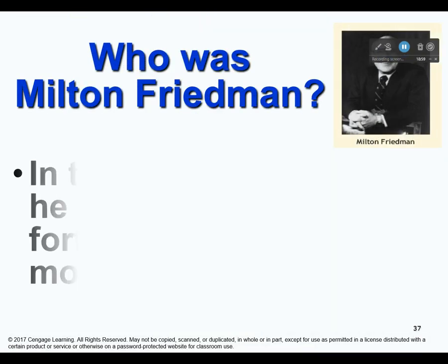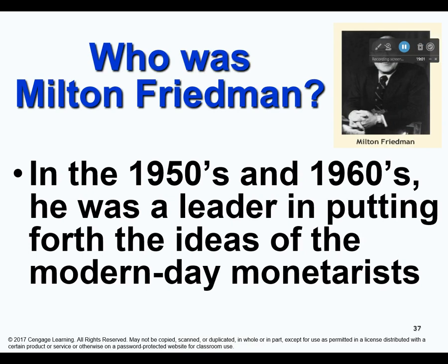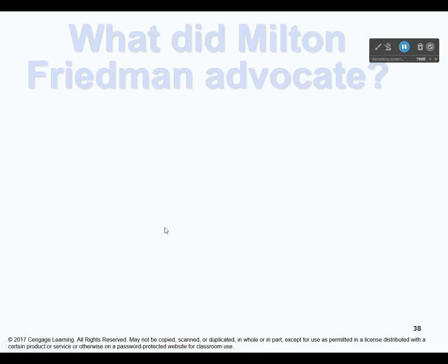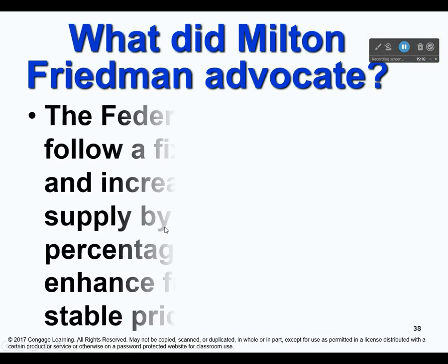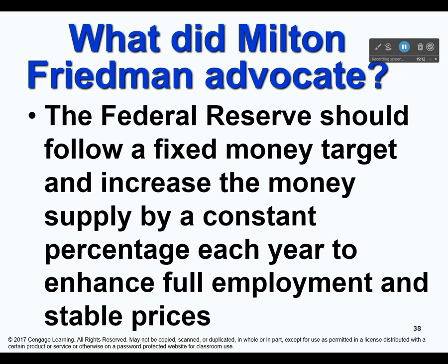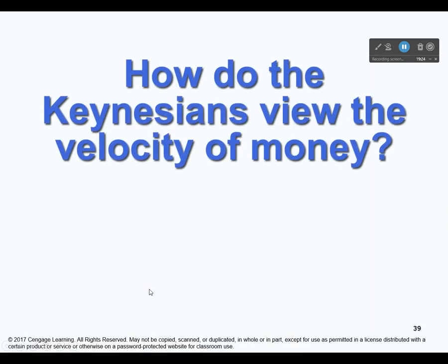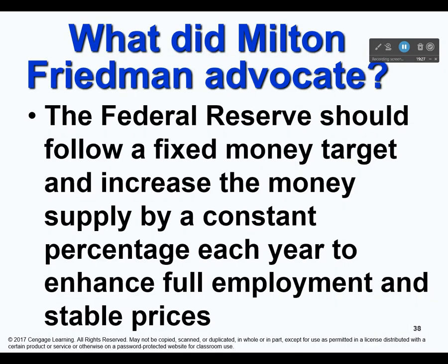Milton Friedman was a leading proponent of this. He was a leader in putting forth the ideas of the modern day monetarist. Friedman said the Federal Reserve should follow a fixed money target and increase the money supply by a constant percentage each year to enhance full employment and stable prices.